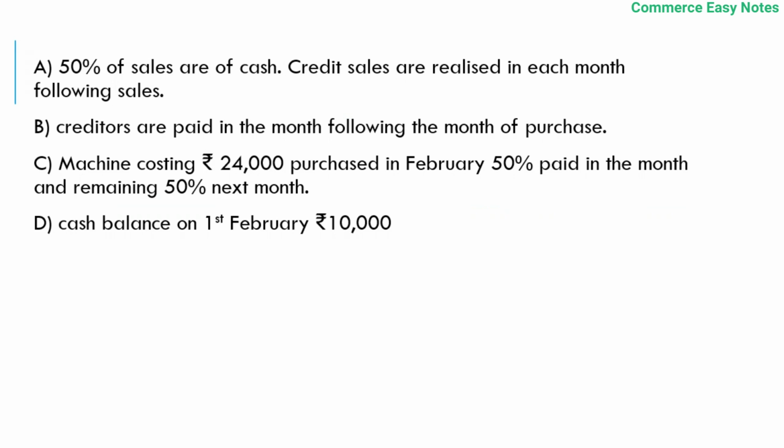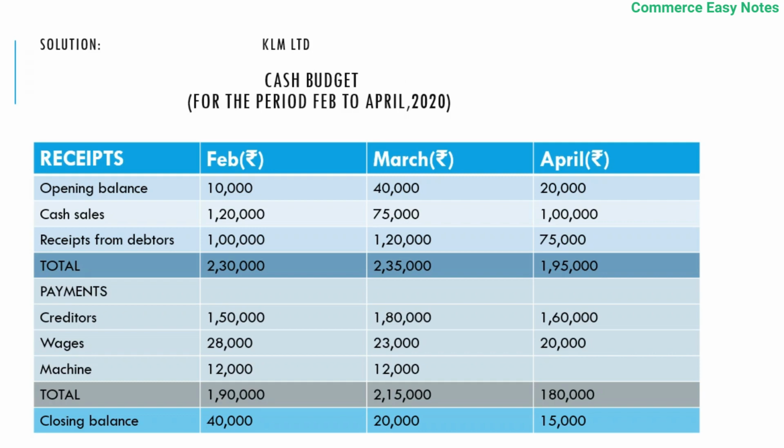So the solution looks like this. KL Limited cash budget for the period February to April 2020. Four columns are given: particulars, February, March and April. All figures in rupees. The opening balance is given in the question, 10,000.